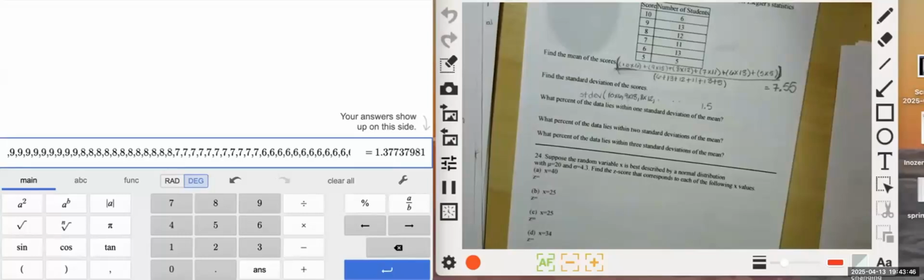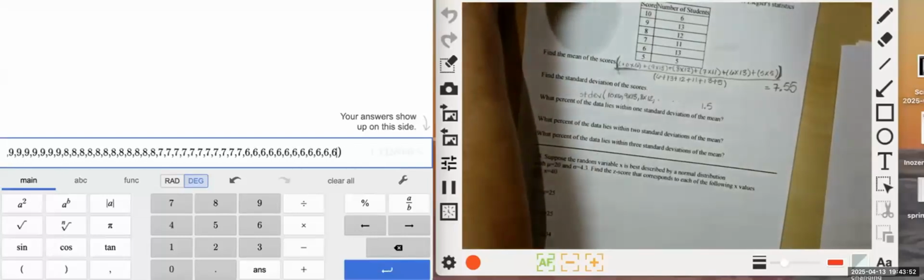So I don't have what I have on the paper, so now I have to go back and type it all in and start all over again.